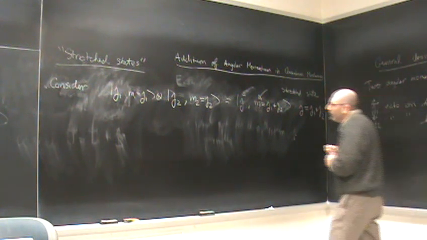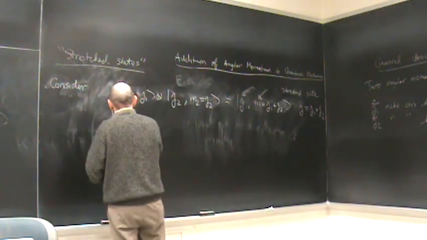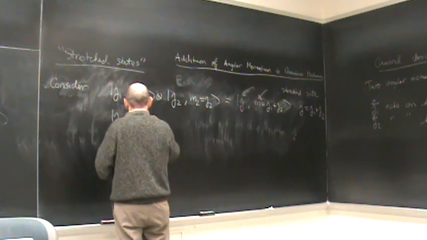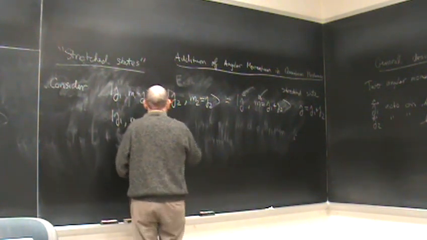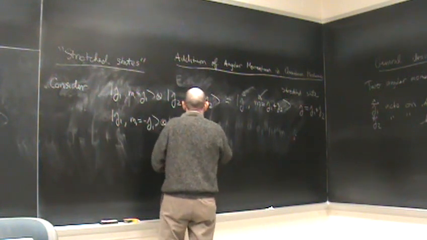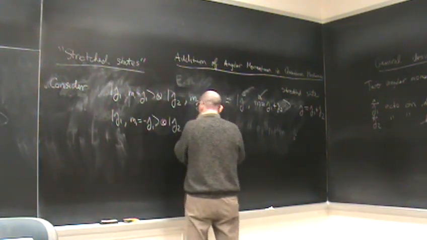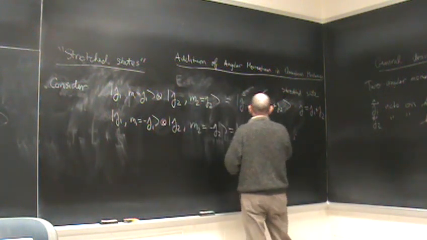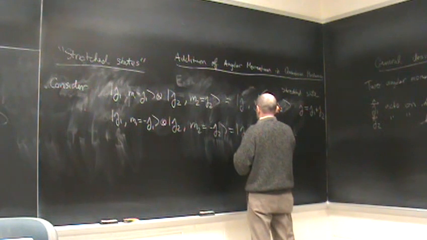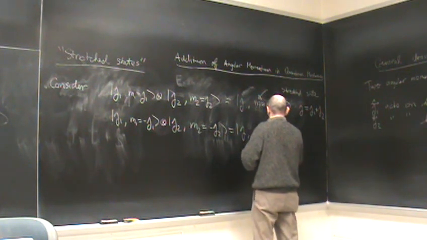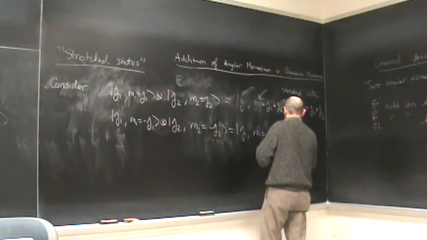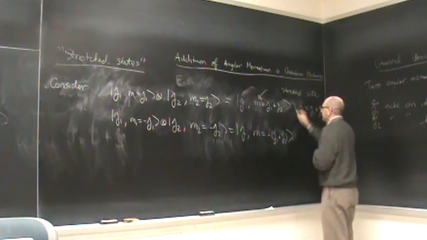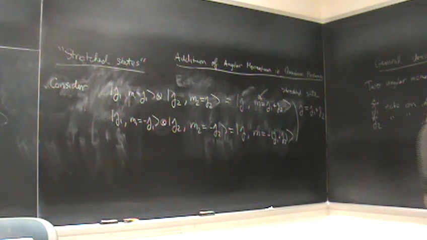So there is also a state with the minimum projection. This is unique as the only state which has this projection. These two states are states which have total J equal to the sum of J1 and J2.